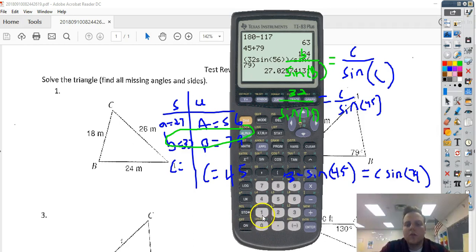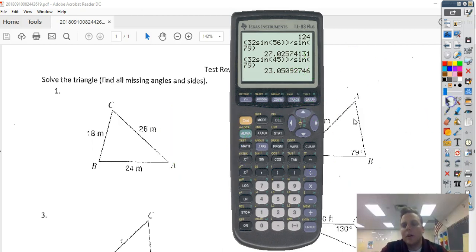So 32 sine 45, so I'm going to put that 32. Once again, I heavily suggest that you use your calculator's alpha y equals enter in this situation. Sine of 79, close it, and I get 23. And so I know that little c is 23. And there you go. I've solved for everything.